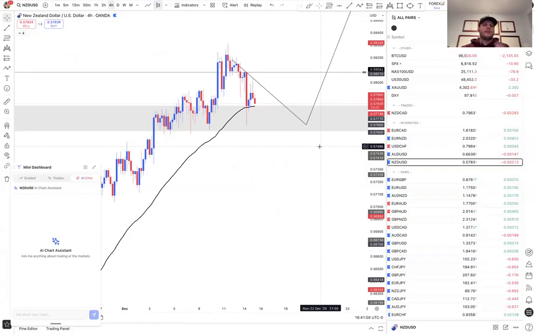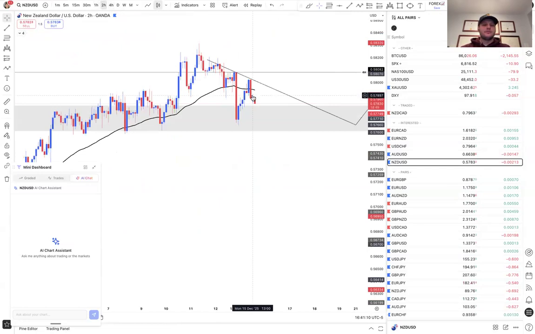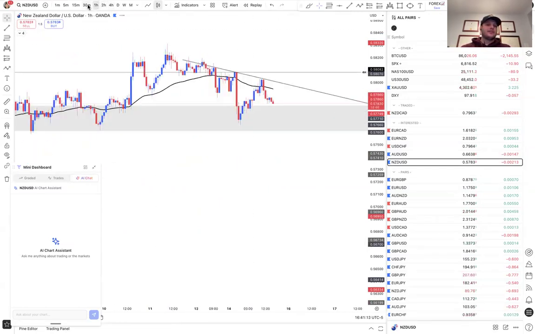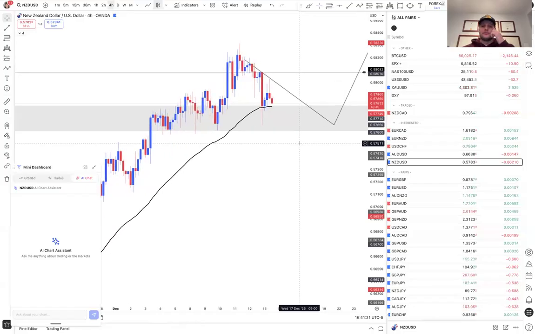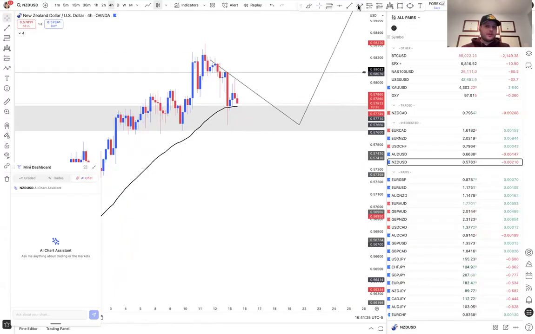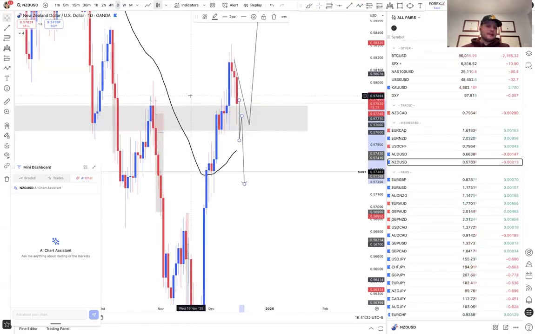If you want more confirmation, you just wait for another pullback potentially in order to sell. But in my opinion, I think that the market has already decided that it's going to sell regardless. If you want to be safe, you just wait for a break, retest underneath the EMA to sell.